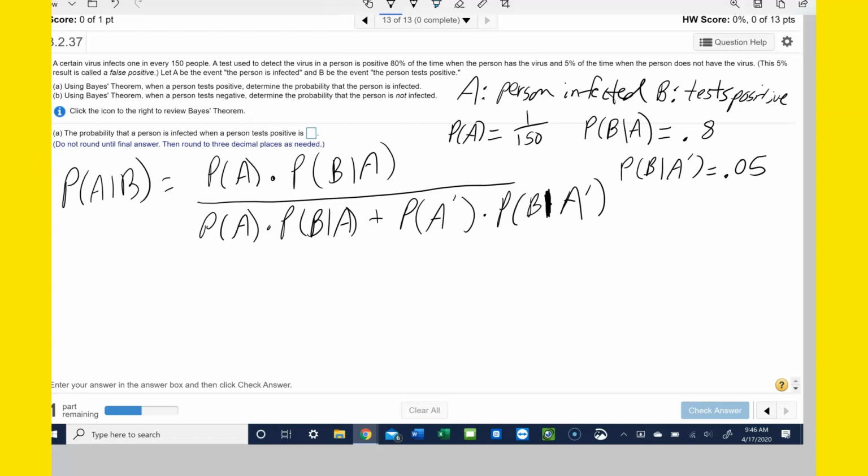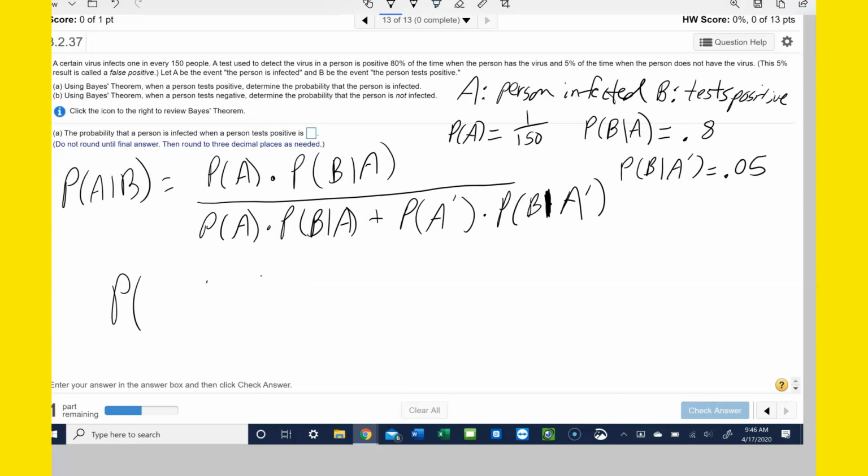Alright, so we're looking for the probability of positive given that we're infected. Nope, it's the opposite of that.